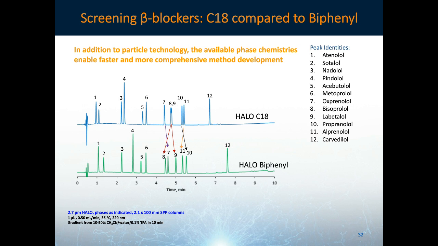The other interesting thing is that you have an elution order switch with peaks 7 and 8 going from the Halo C18 to the Halo biphenyl, and then finally another elution order switch for peaks 10 and 11. These reverse and are better resolved on the Halo biphenyl phase. So in addition to our particle technology, the available phase chemistries enable faster and more comprehensive method development.